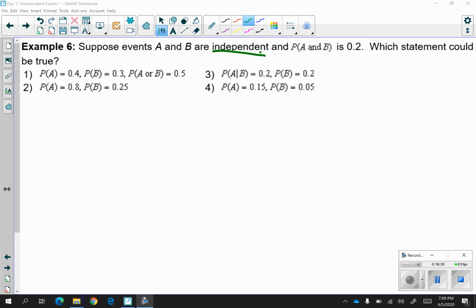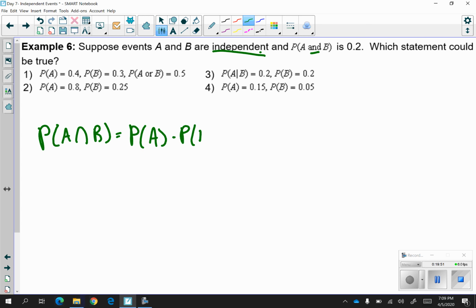The fact that they're saying independent and giving you the and probability should clue you in to look at the independence formula, the one where the probability of A and B is equal to the probability of A times the probability of B. We know the probability of A and B is 0.2, so we're looking for two values that multiply together to get 0.2.